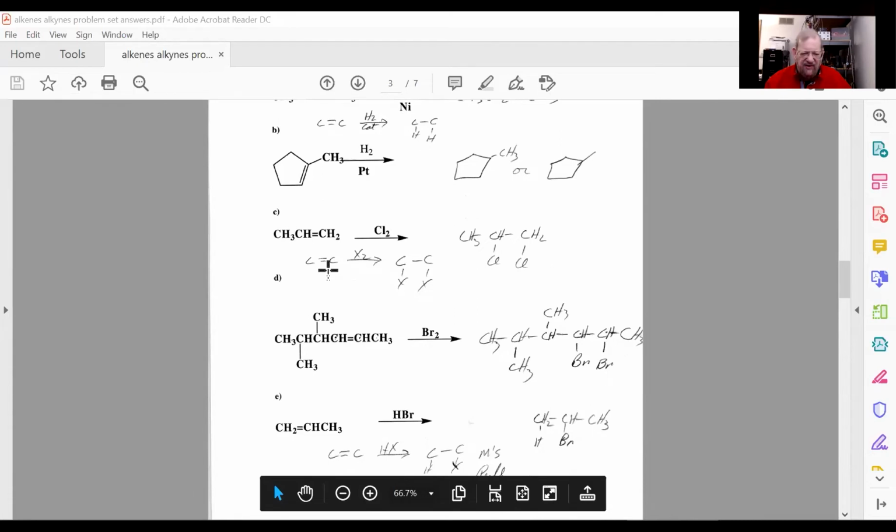The general reaction, double bond, break the pi bond, each carbon gets a halogen. This can be chlorine, bromine, iodine, or fluorine. I didn't write it there, I should have. So I have all these carbons across, I have the same number. I have these 2 methyl groups, they're still there. Here are my 2 carbons of the double bond, which is these 2 carbons. I now only have a single bond because I broke the pi bond, and each one gets a halogen.